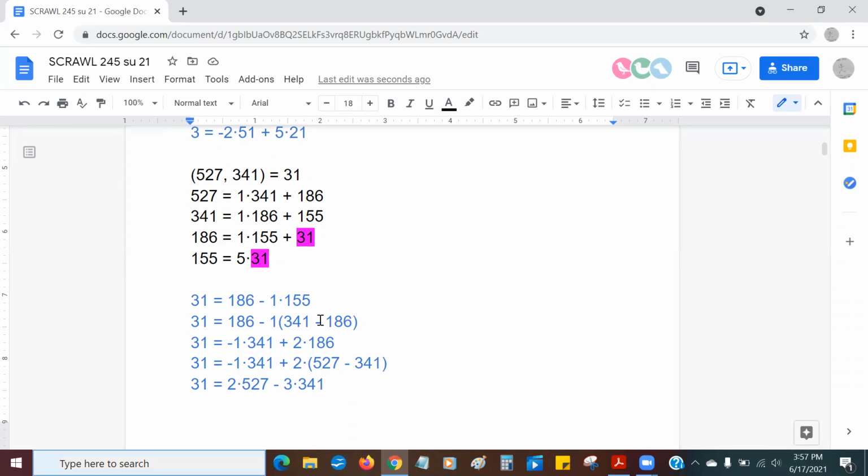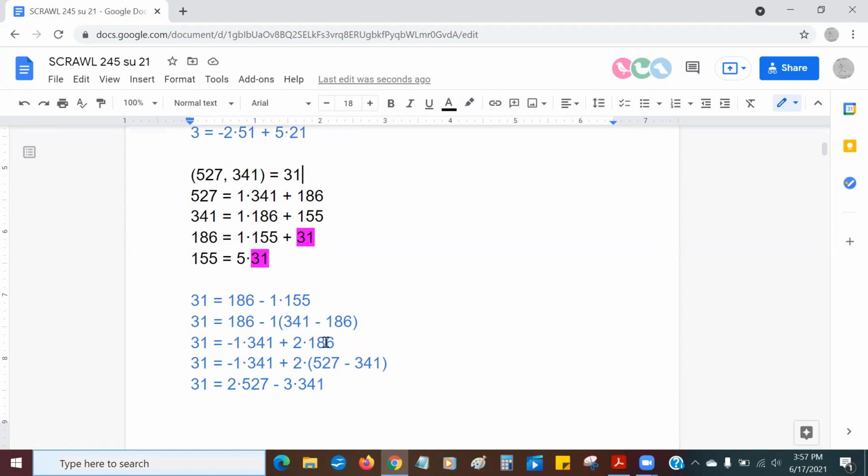I'm not just multiplying numbers out because I want to keep these quotient numbers separate. So this is -1 times 341, and that's 186 really plus another 186, that's 2 times 186.